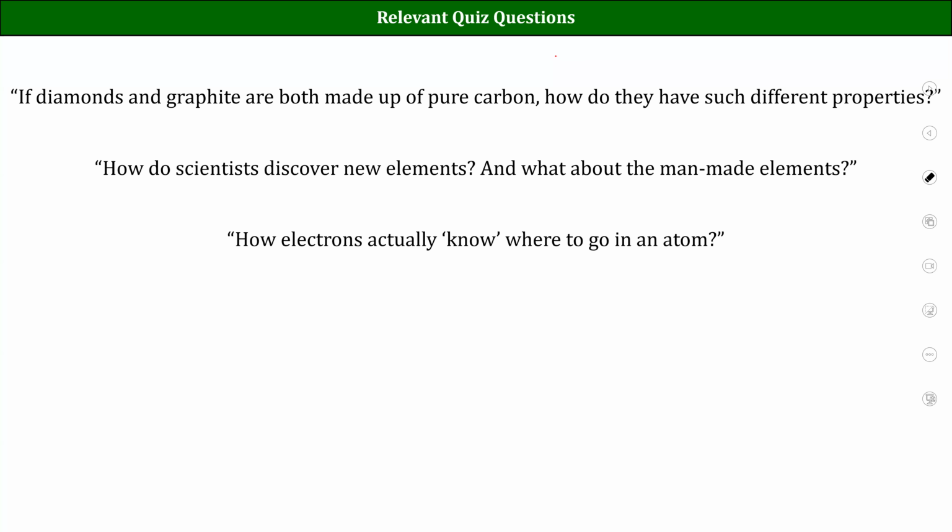So electrons are being pulled towards the nucleus, but they can't fall all the way to the nucleus because of the Heisenberg uncertainty principle. Remember, the Heisenberg uncertainty principle says that you can't know both where something is and how fast it's going at the same time. So if you actually let an electron fall all the way to the nucleus itself, it would be stuck in one tiny little spot, and you would know both where it was and how fast it was moving.